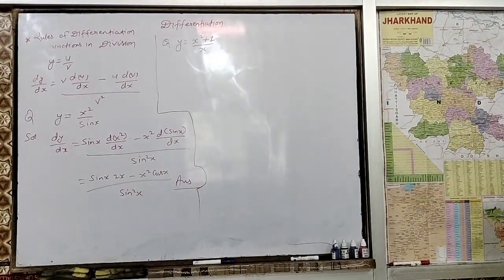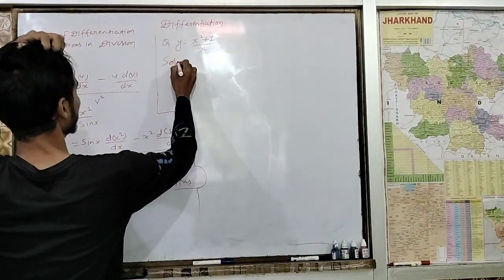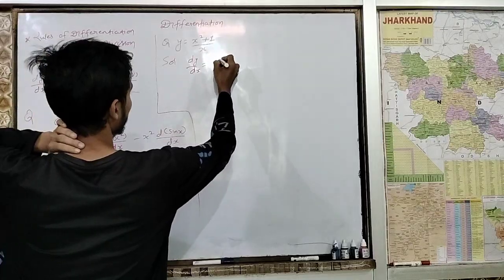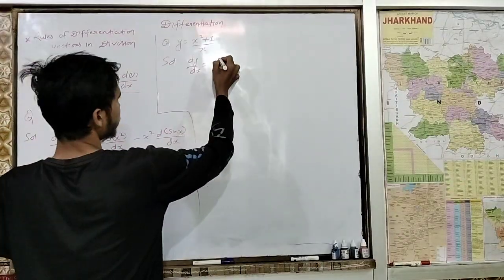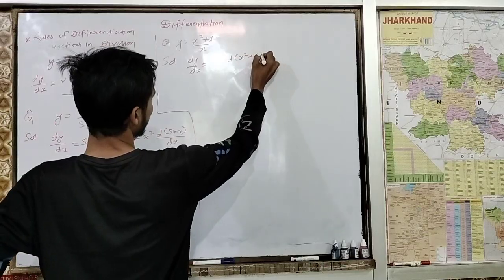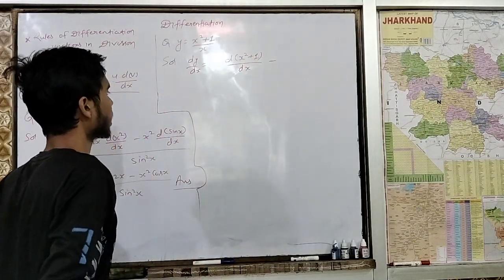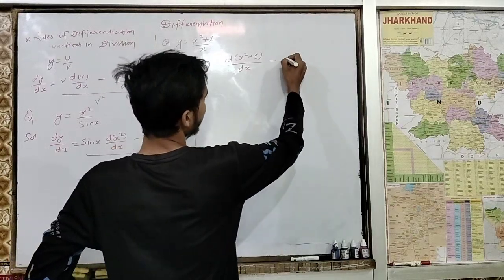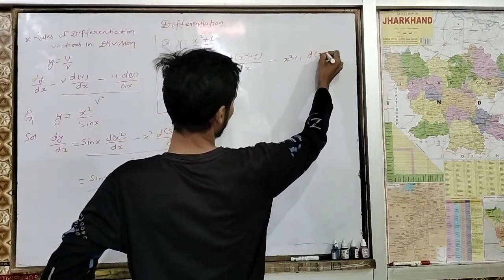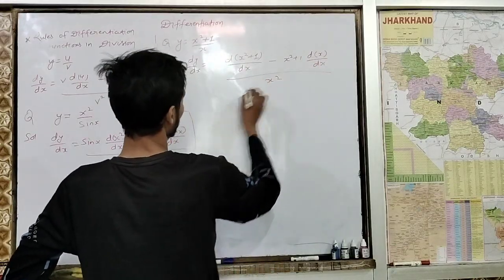What is happening over here? dy upon dx, then the differentiation of this: x squared plus 1 upon x, then we have subtraction, x squared plus 1, then the differentiation of x upon x squared.